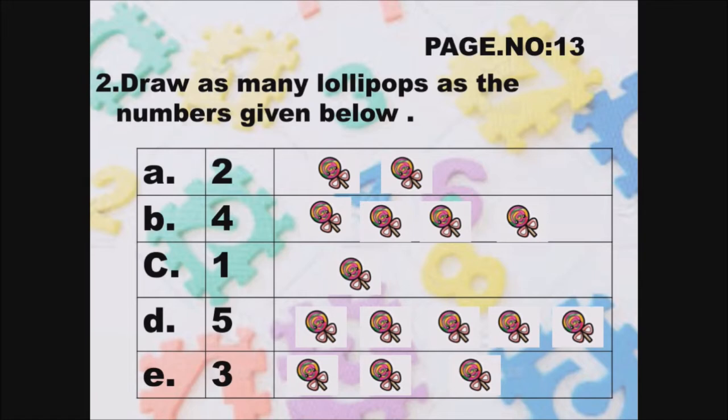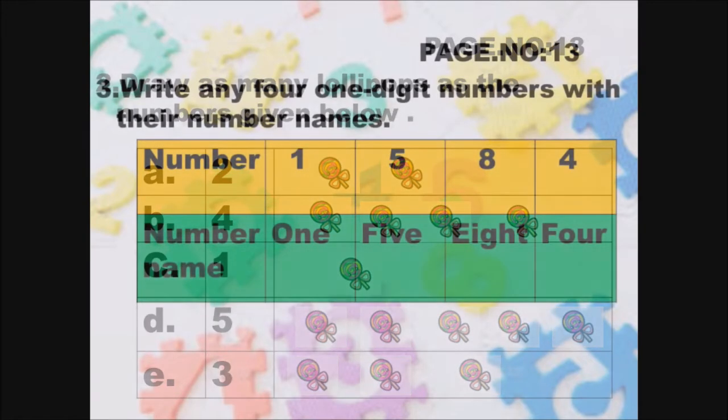Yes, we have drawn 5 lollipops. Next, the number is 3. So, we have to draw 3 lollipops. 1, 2, 3. So, we have drawn 3 lollipops. Now, see this one and copy down in your textbook.